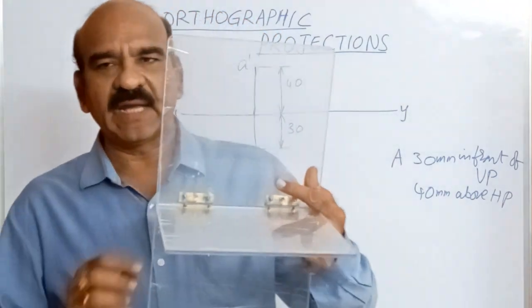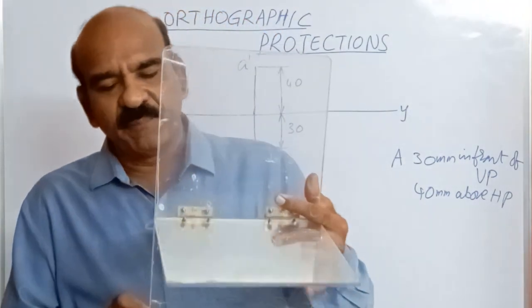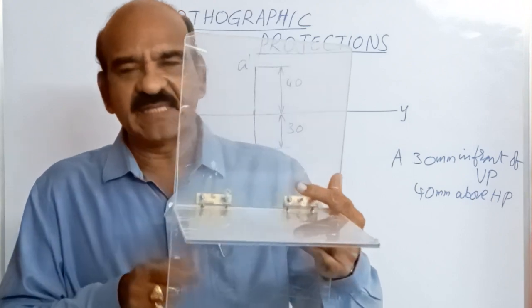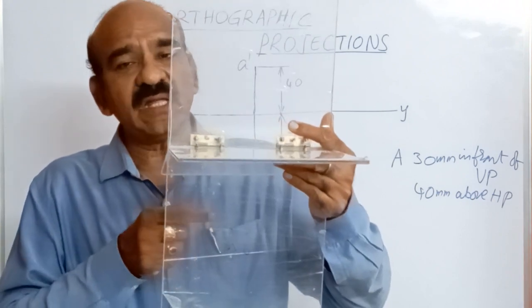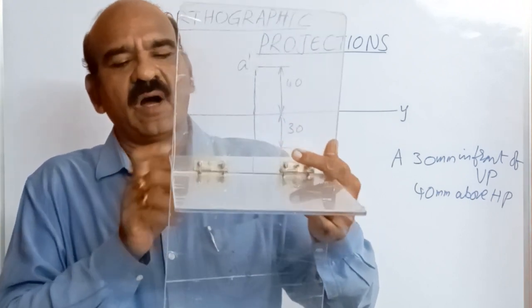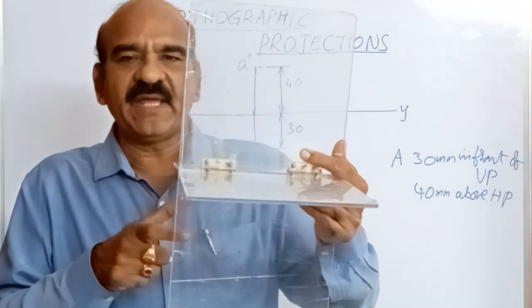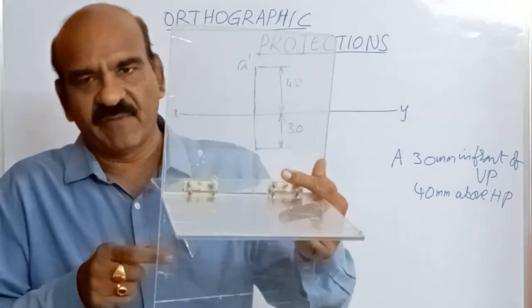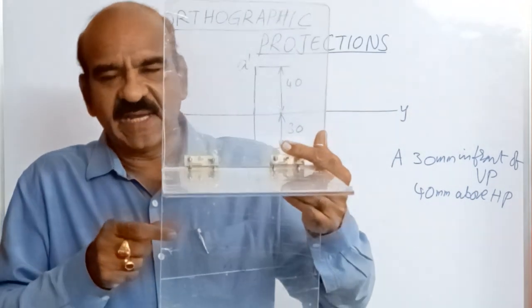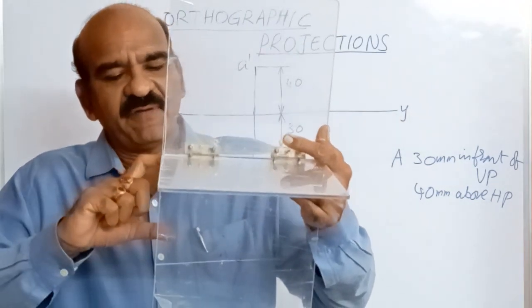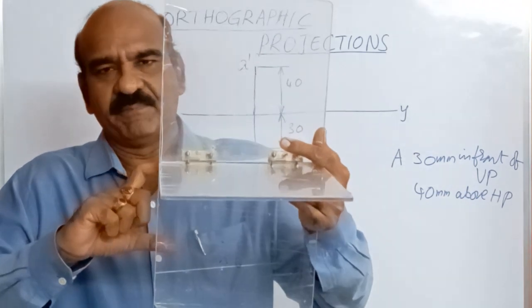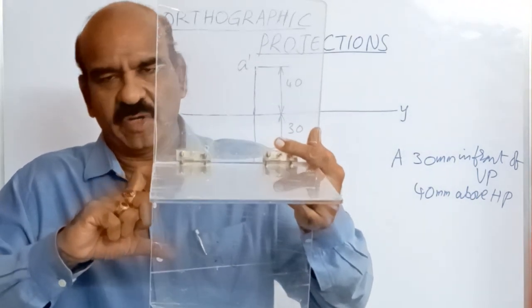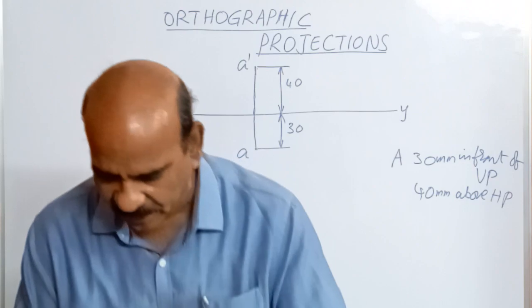suppose the point, another point, I take B. The point B is here. Where? In the third quadrant. How? Let's take 20 mm behind VP, okay? 20 mm behind VP and 50 mm below HP. 50 mm below HP. 20 mm behind VP.